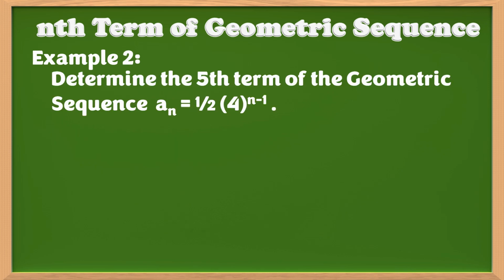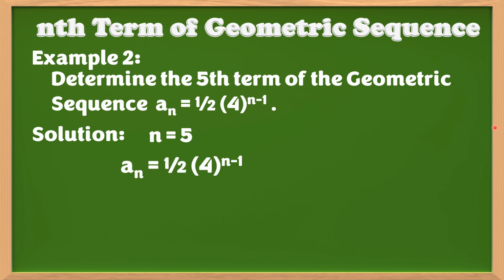Example number 2. Determine the fifth term of the geometric sequence a sub n equals 1/2 times 4 raised to n minus 1. The value of n here in example number 2 is 5, since we were asked to determine the fifth term. Next, we will just copy the given general term and change the value of n into 5.